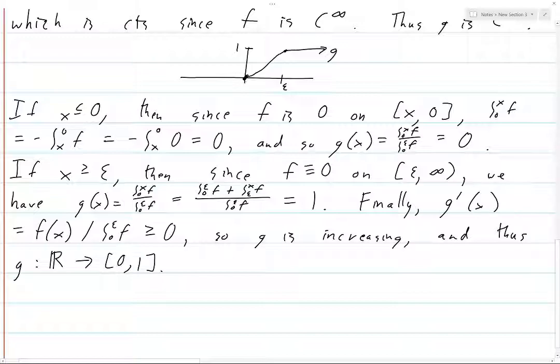So the only place where g could possibly not be in the closed interval from 0 to 1 would be in between 0 and epsilon. But since it's increasing, for any point between 0 and epsilon, g of that point must be between 0 and 1. And that's by continuity.